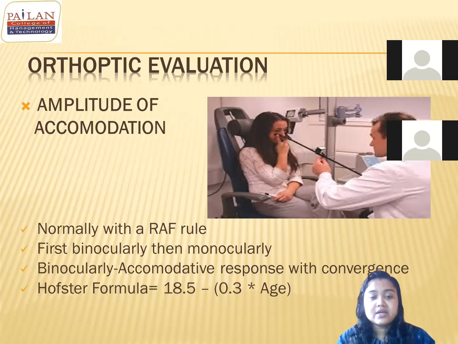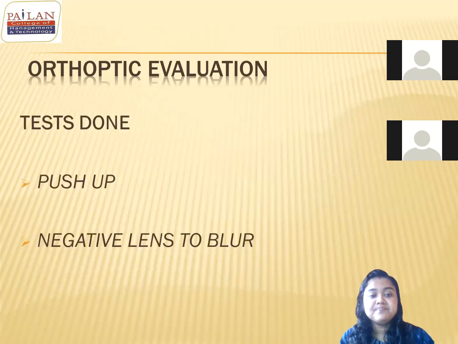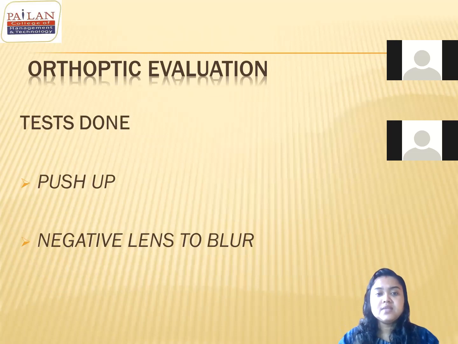Also, there are other methods of measuring amplitude of accommodation, that is the push-up test. Push-up test means the patient is sitting, and you give a near reading book, whatever we read, right? You give the near target to fix and tell the patient to see this target and try to read it aloud. Slowly you bring that book towards the patient's eyes.